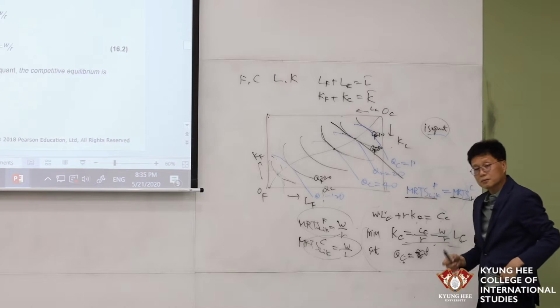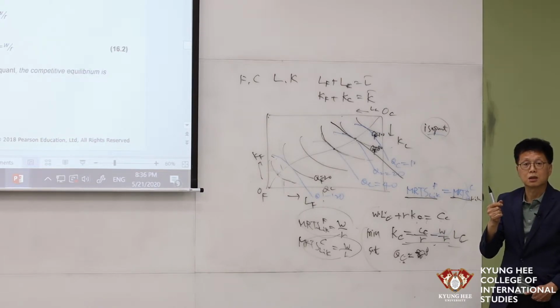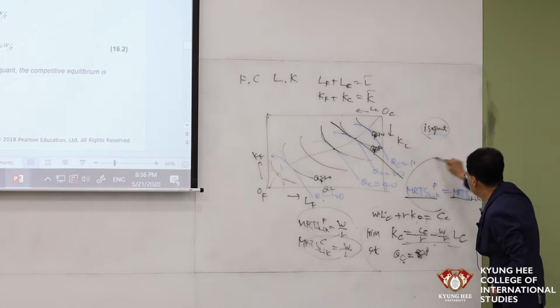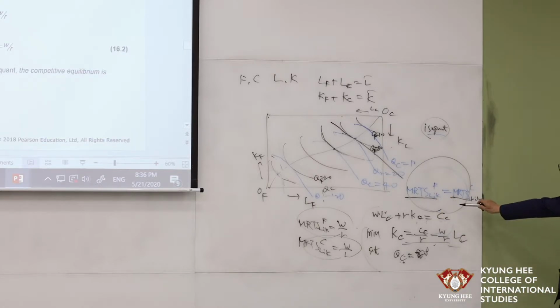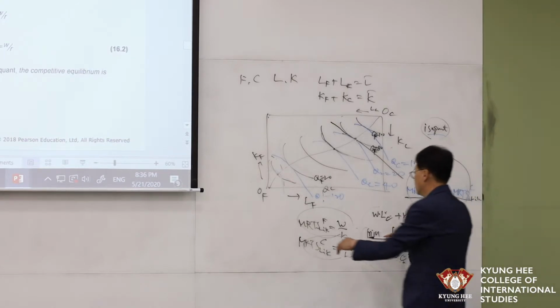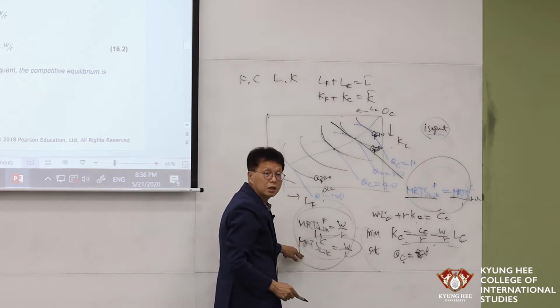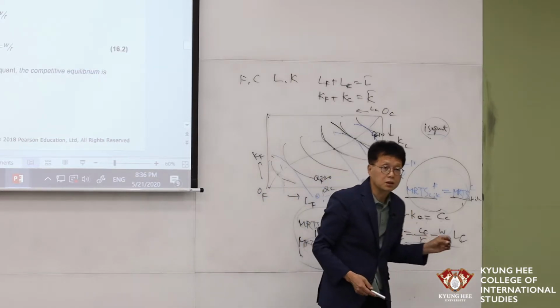That is input efficiency in a competitive market, or competitive market equilibrium in production. Can you understand? Only this one means input efficiency, right? This one is equal to W over R, right? That is competitive equilibrium.